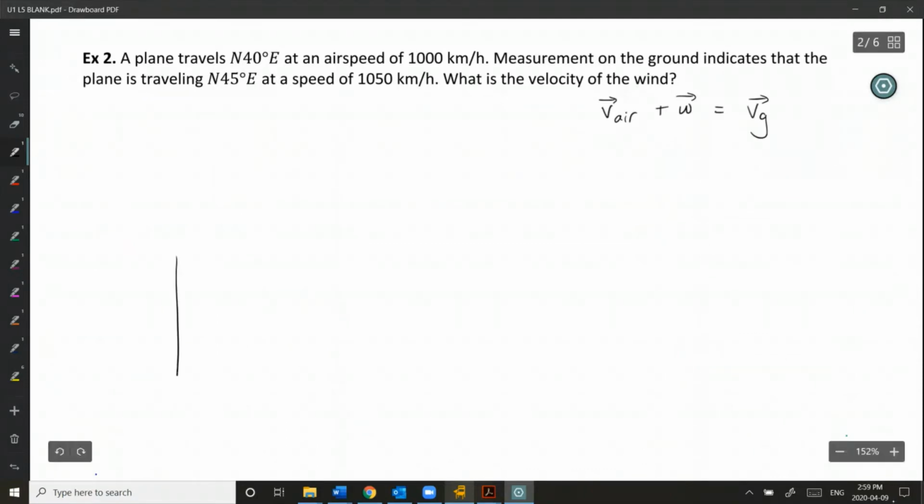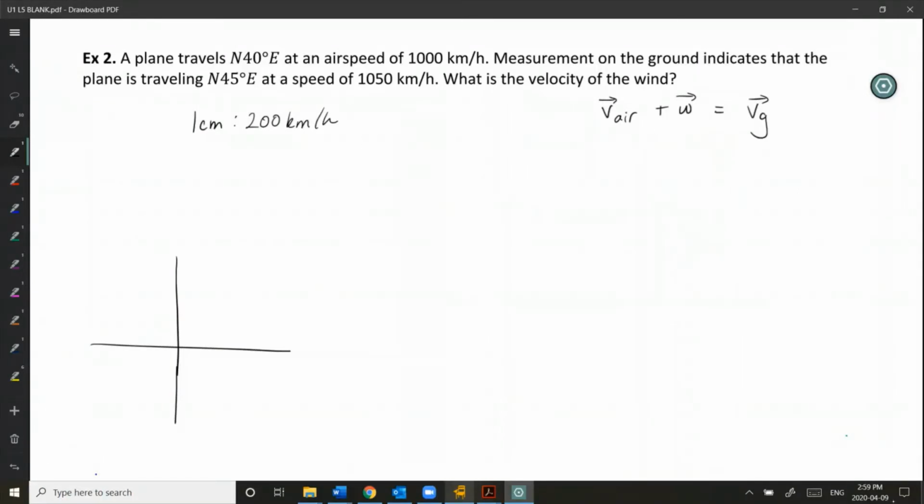So always helpful again to draw a diagram, and it's ideal if you can create a scale diagram. So perhaps what you can use as your scale for this one is that 1 centimeter is maybe equivalent to every 200 kilometers per hour. If you want your diagram to be a little bit smaller, perhaps you could say 1 centimeter is equivalent to 250 or 500.